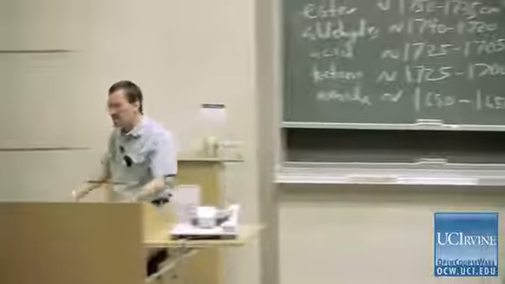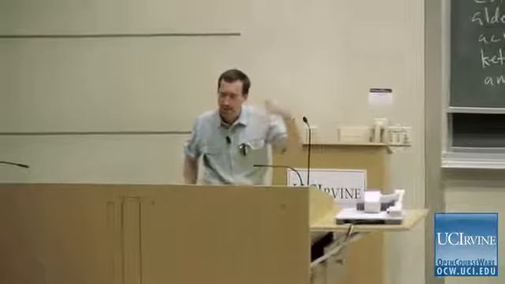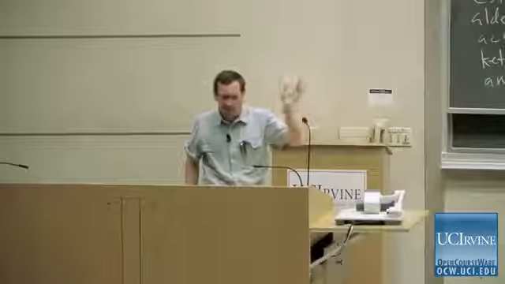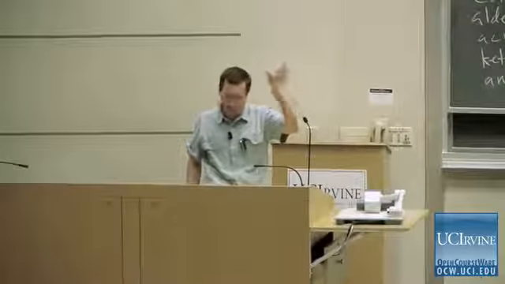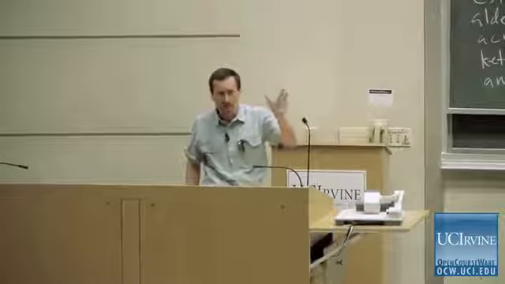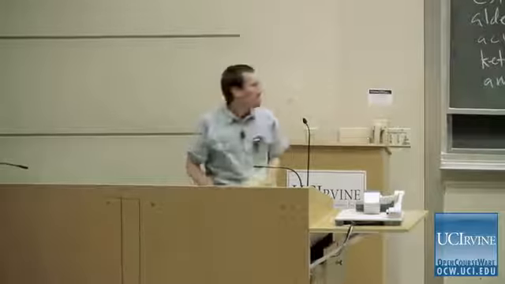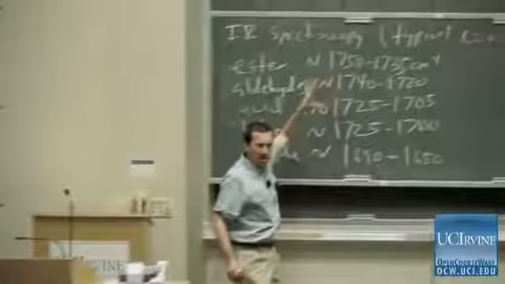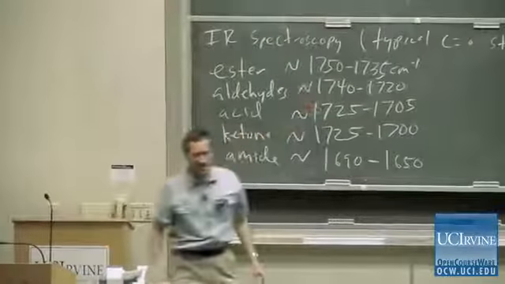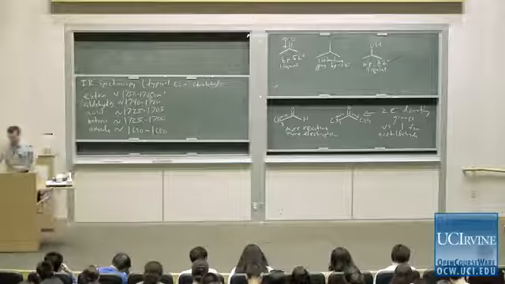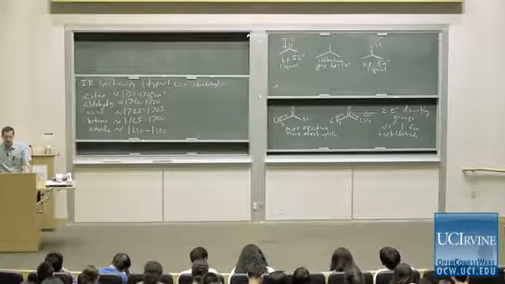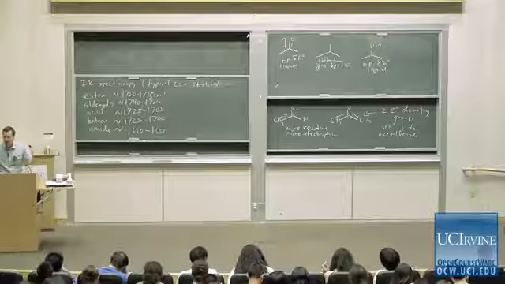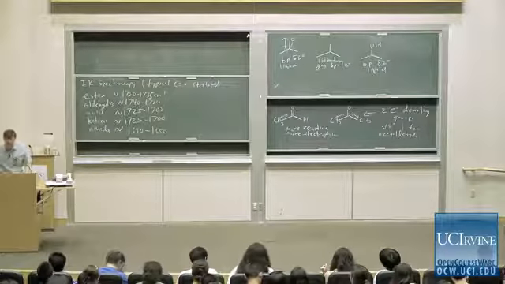And as I said, these are general values. In other words, if you have conjugation, like benzaldehyde, that's going to shift the carbonyl frequency by several tens of wave numbers. So you look at these bands, and they're not purely diagnostic on their own. But then there are other factors that clue you in. We talked, for example, about carboxylic acids.